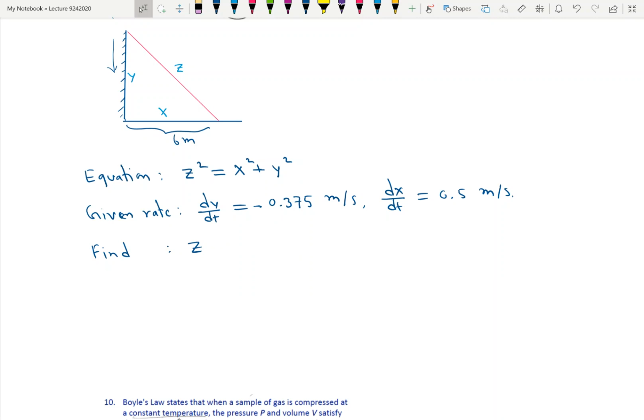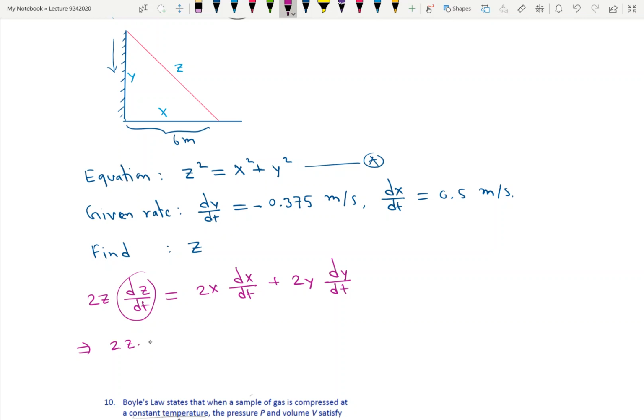Okay. So if you take the derivative of this equation, you will get 2z dz over dt equals twice x dx over dt plus twice y dy over dt. Since z is constant, dz over dt would be 0.